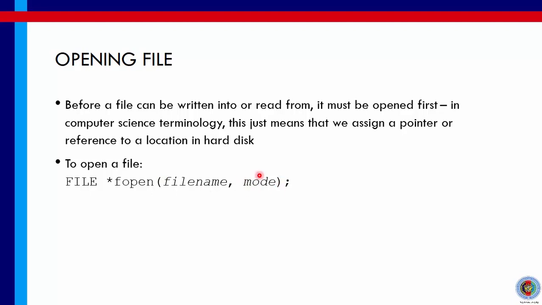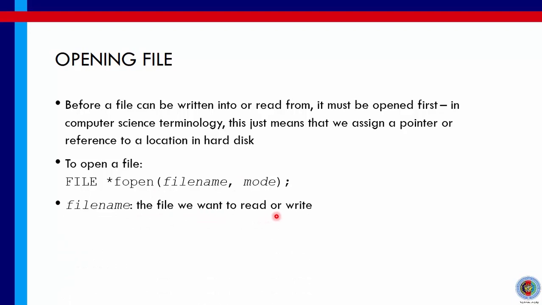Is it saving or reading, or is it appending? And just like printf and scanf, you cannot call fopen if you don't include stdio. So you need to include stdio.h before you can call fopen, including if you are calling this function from a GUI program.